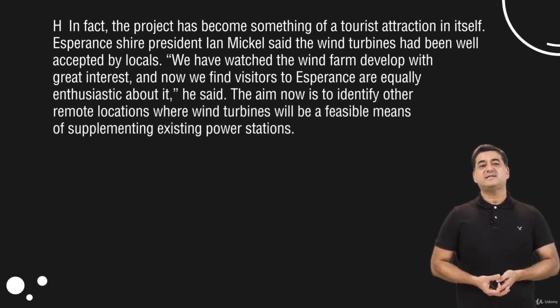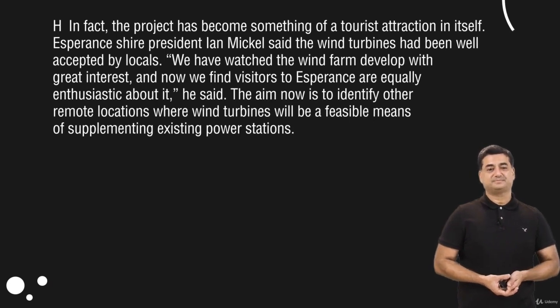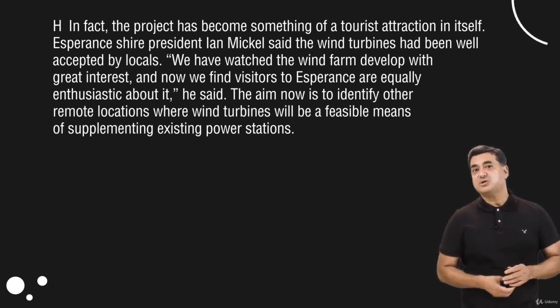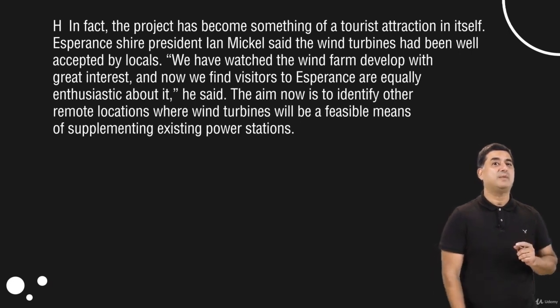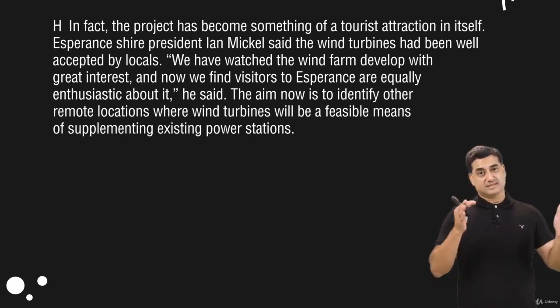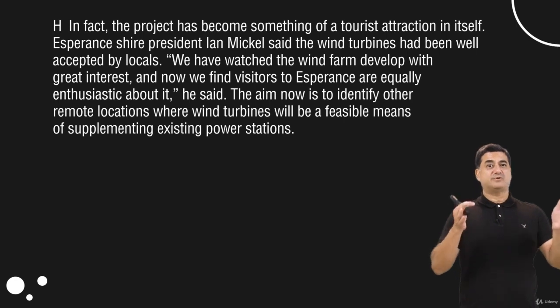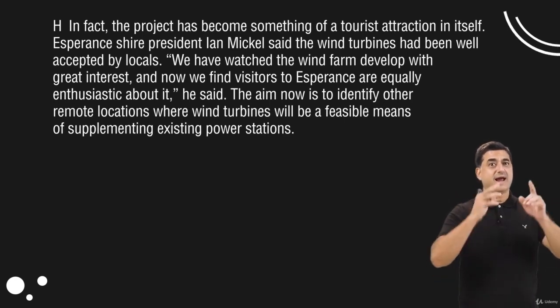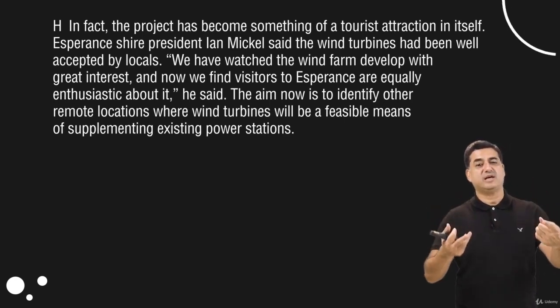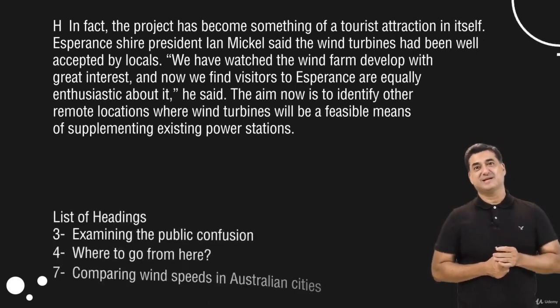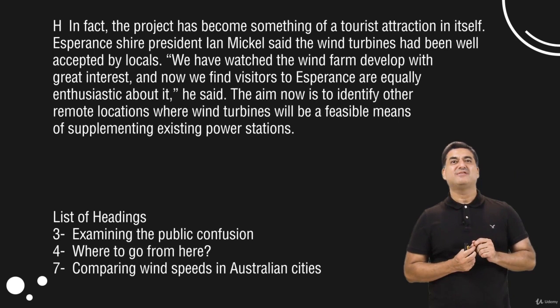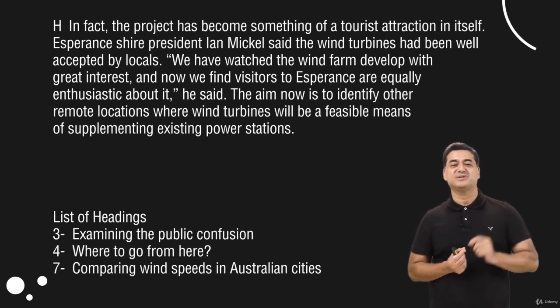Now, this is the last paragraph. And remember I told you that in a passage, the last paragraph will always tell you about the summary, about the writer's opinion, and about the future implications. Now, in the headings, you can see there are 3 headings. Which one talks about the future implications?